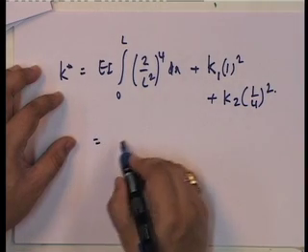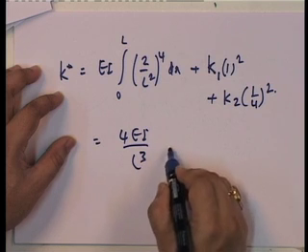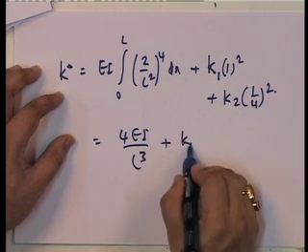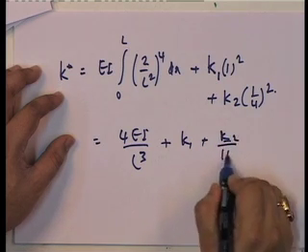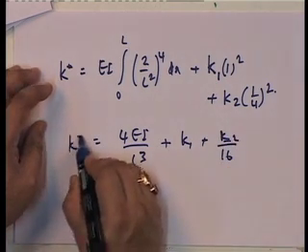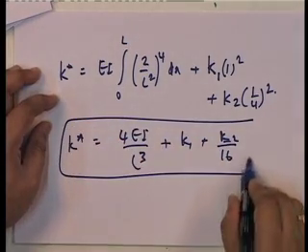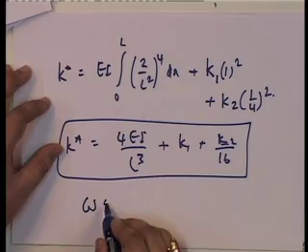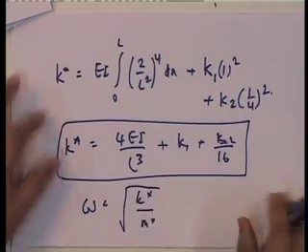So, therefore, this is equal to 4 EI upon L cubed plus K1 plus K2 by 16. So, this is my K star. Okay? And so, now my omega is going to be equal to the square root of K star upon m star.